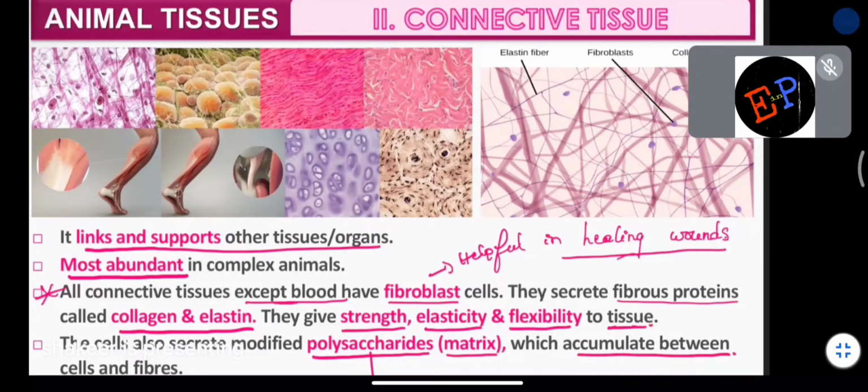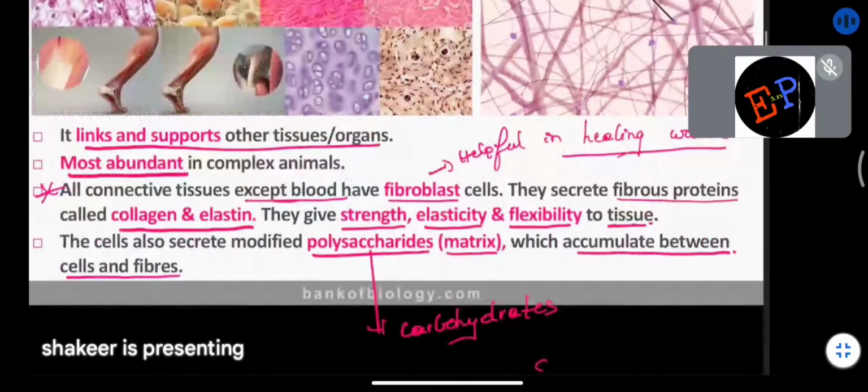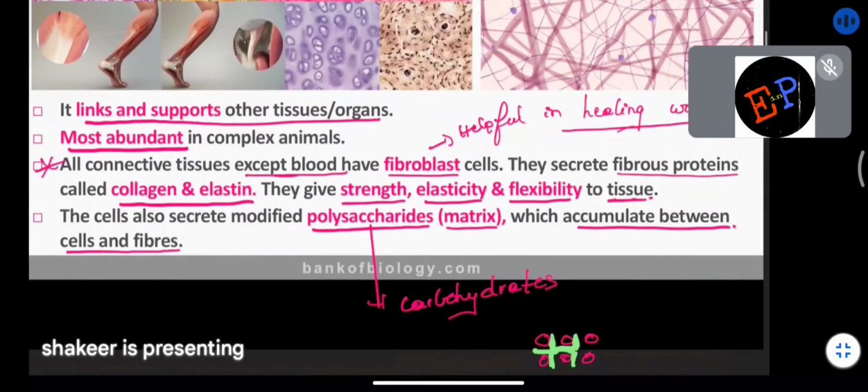So in between the cells there will be a material which fills the gap between two cells. For example, if these are the cells, in between the cells you will find a matrix. And what is this matrix called? This matrix is called the intercellular matrix. Are you able to understand? So these cells produce these polysaccharides also.